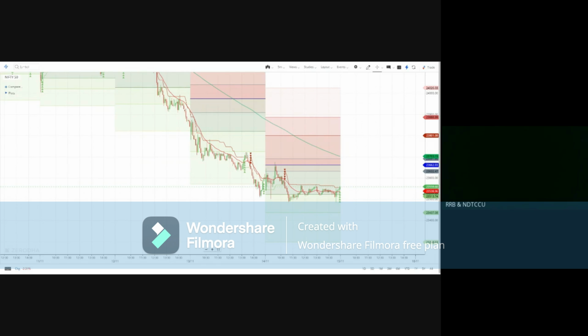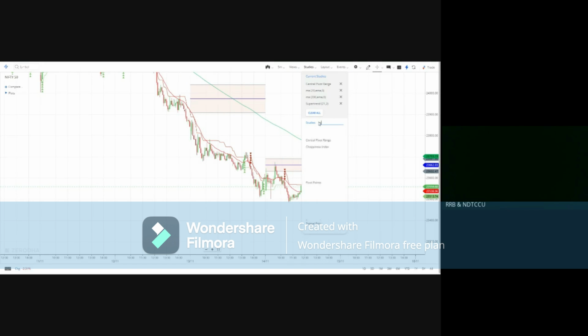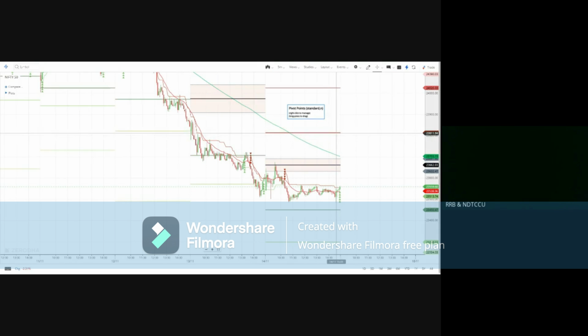Okay, so pivot setting. If you go to studies, search here for pivot, select pivot points, and then you can right click. If you hold your cursor on any of the pivot lines, not the CPR, you will have an option to right click and manage.